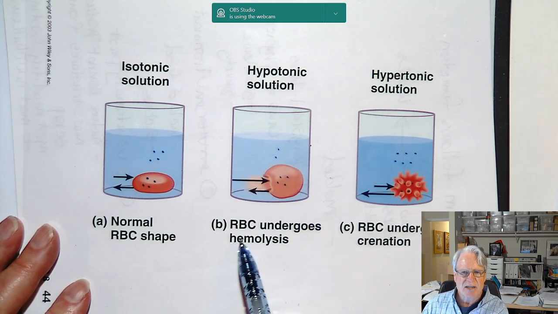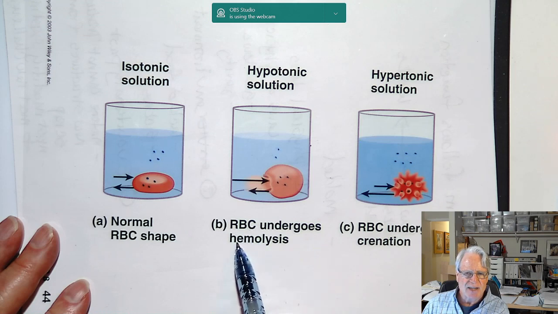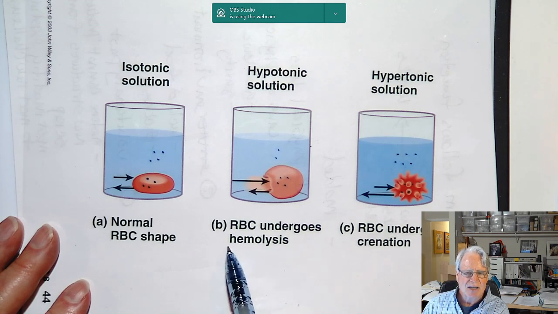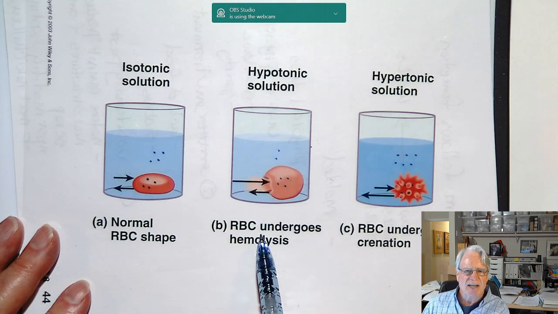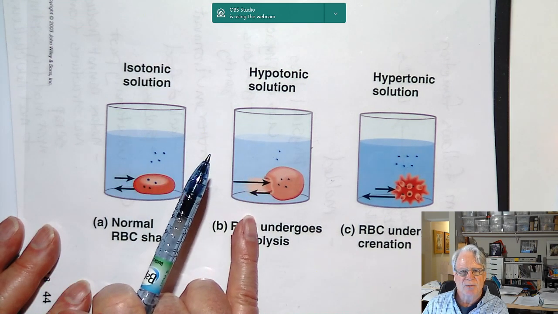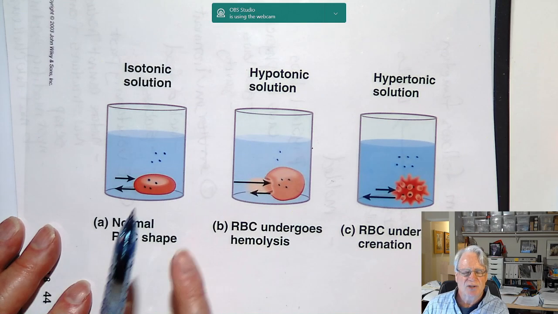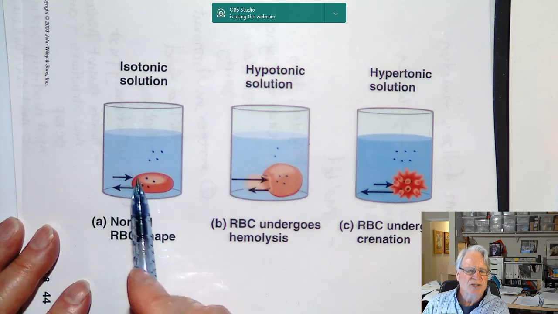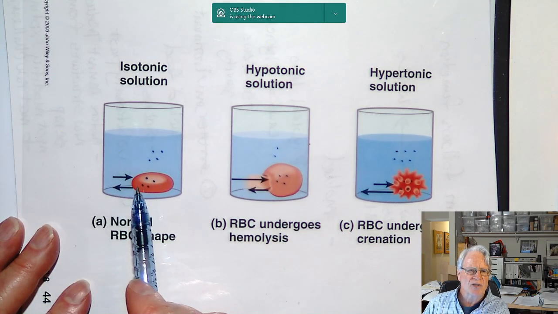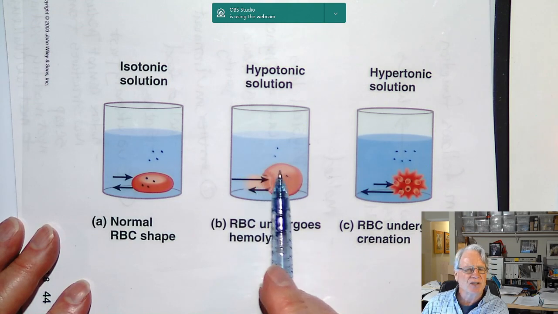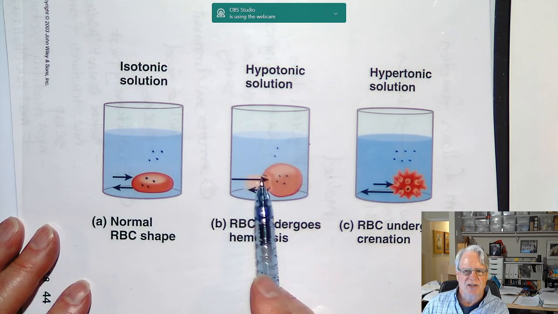Now remember, again, we're talking about red blood cells, so I can use this terminology, hemolysis. If this were not a red blood cell, I could only use that term right there to describe what's happening to that cell. So this is a normal shaped cell, normal function. This one clearly is not going to function because it will no longer exist.